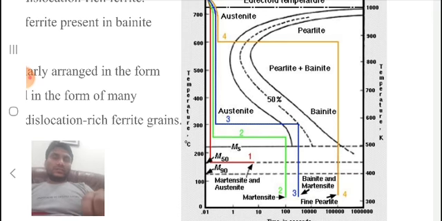Below 600 degrees centigrade, around 550 degrees centigrade, we get upper bainite or coarse bainite, and around 400 to 300 degrees centigrade we get a fine bainitic structure.